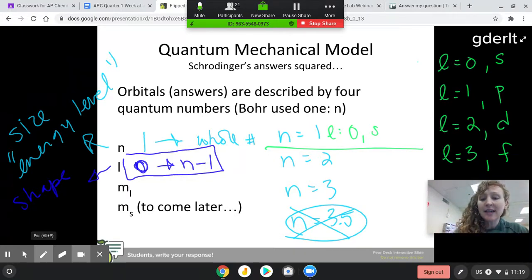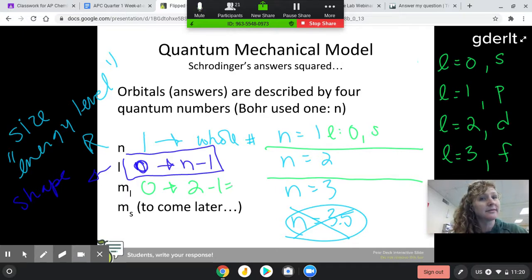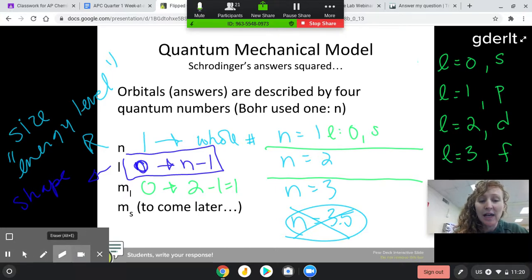In the second energy level, we can have anything from 0 to 2 minus 1, which is 1. Exactly. So we can have all possible L shapes from 0 to 1. Again, L must be a whole number.